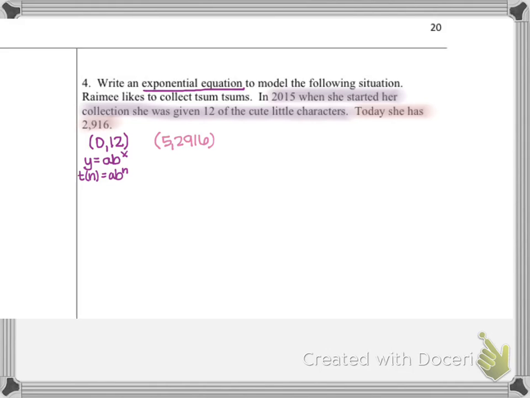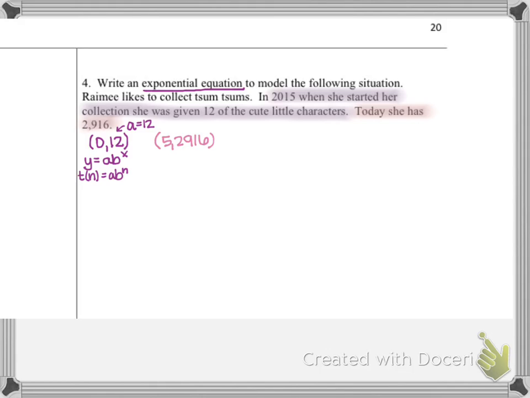So I know that my y or t of n, we'll clear it up at the end. And then my a, oh, I don't even think I need to do all this. I know right now, because this is 0, comma, that is a. So I know a is equal to 12.